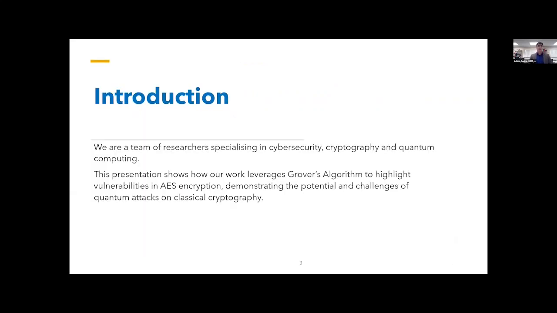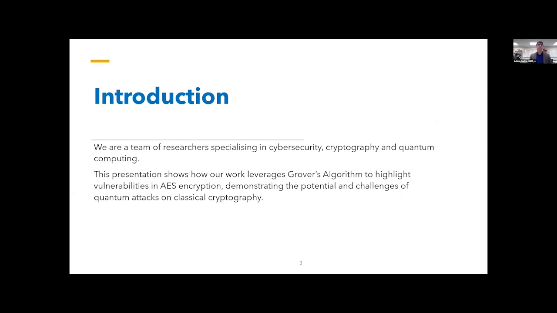The purpose for this presentation is we use Grover's algorithm, which is a powerful quantum computing tool, to analyze the vulnerability of AES. So AES is based on a key, which is like a password, which could be 128, 256.